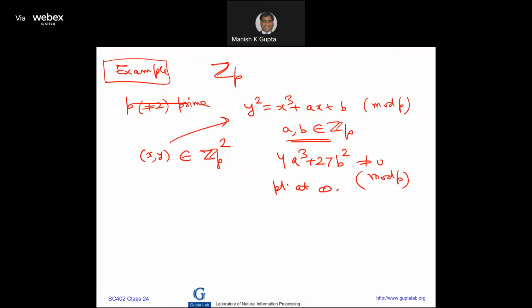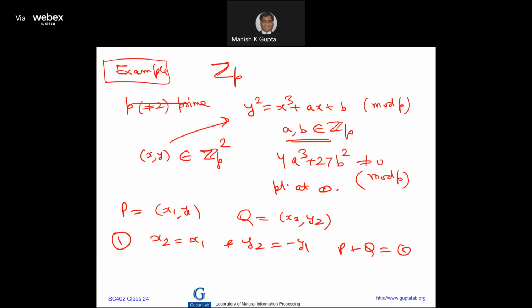But okay, maybe I should write down the formula for addition in this case. If P is a point x1, y1, and Q is a point x2, y2, then in fact there are two cases. If x2 is equal to x1 and y2 is equal to minus y1, then in that case P plus Q is equal to the point at infinity.